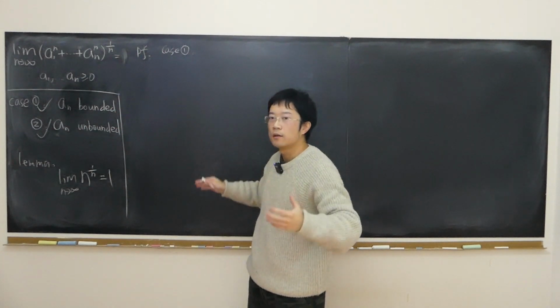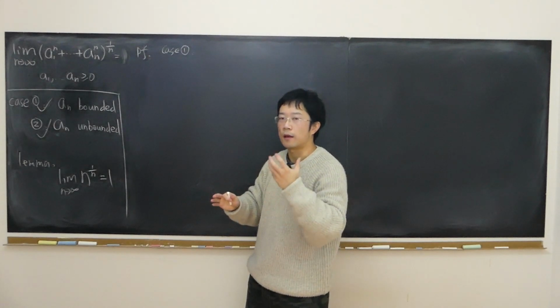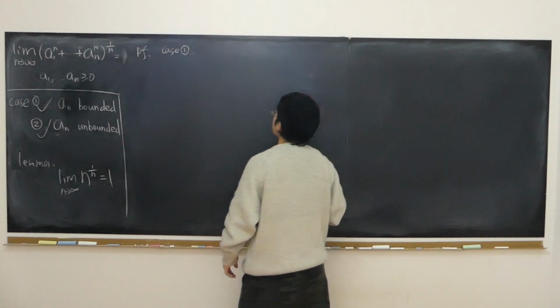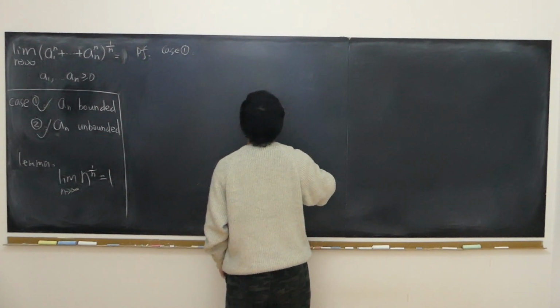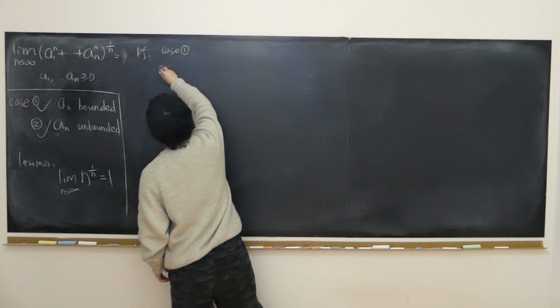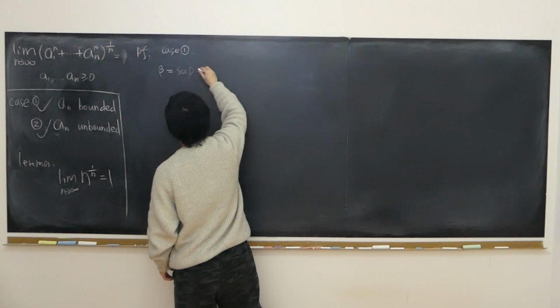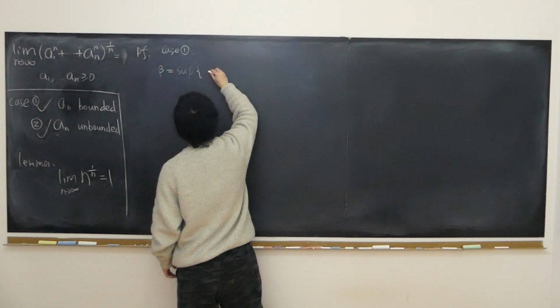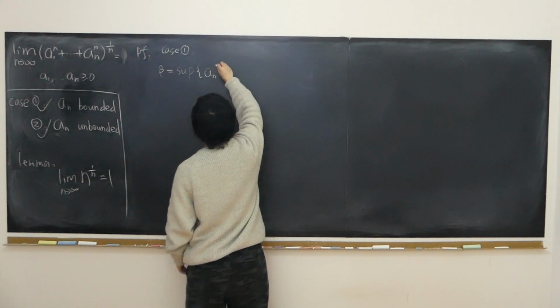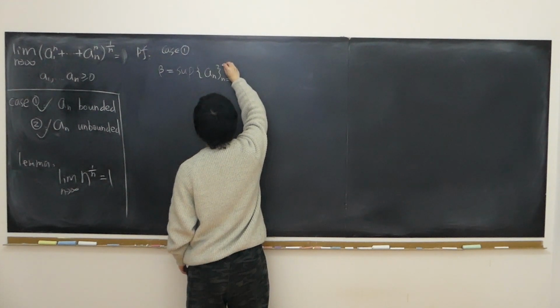Out of the many, maybe infinitely many, upper bounds, there is a least upper bound. That's the supremum. Let's denote the supremum as beta. Beta equals the supremum of the set a sub n, n from 1 all the way up to infinity.